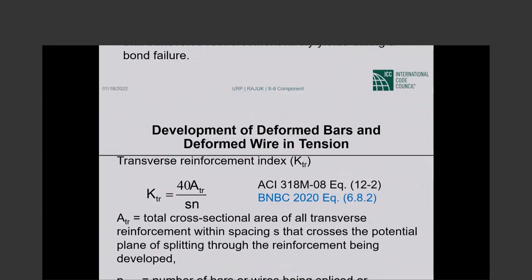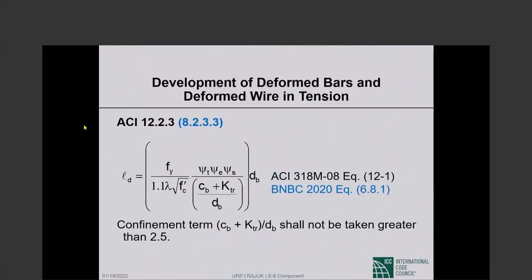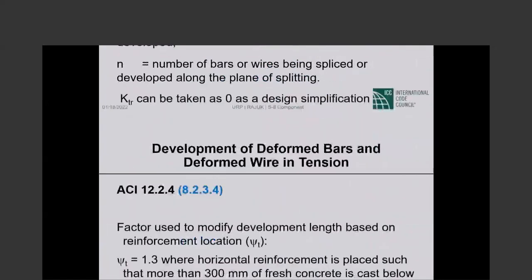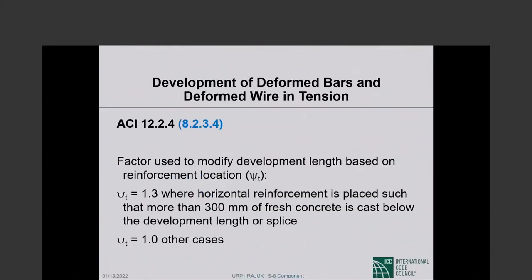I'm trying to get into the various things in this expression. Okay, C sub B, K sub TR, d sub b is just the bar diameter. So the factors psi sub T, psi sub S, and psi sub E. Psi sub T first, the top bar factor. What is a top bar?